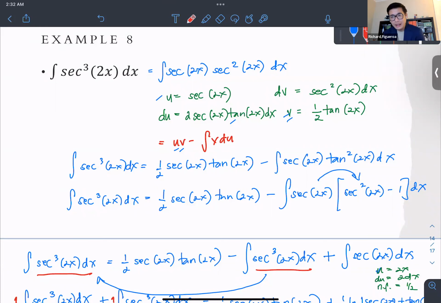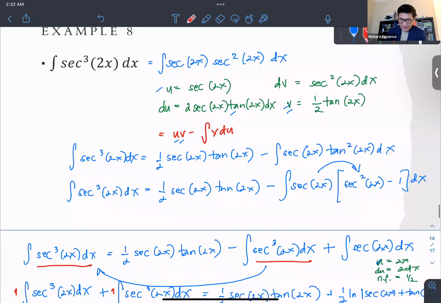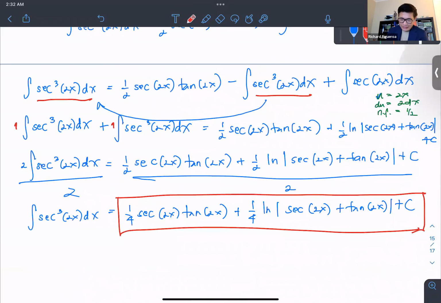So in cases like this, if the integrand keeps on recurring and resembles the original integrand, then we can transpose it to the left-hand side. If you transpose it and it cancels out, in this case it's negative, so when I transpose it, it becomes positive and they combine.